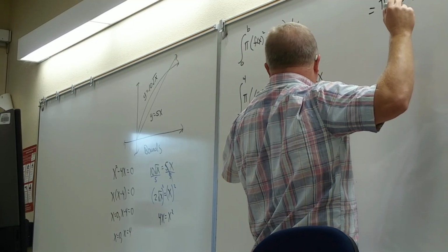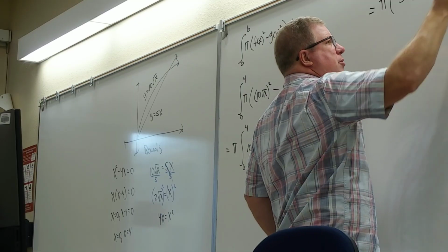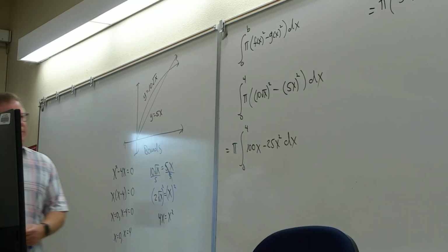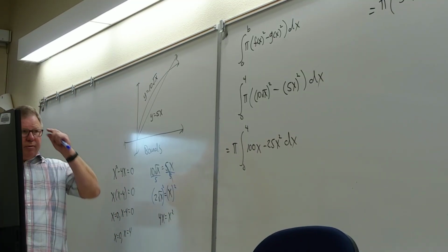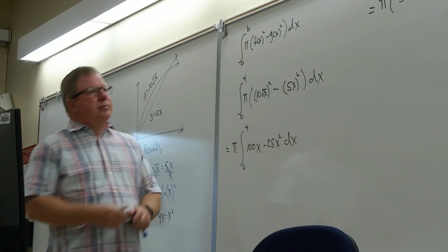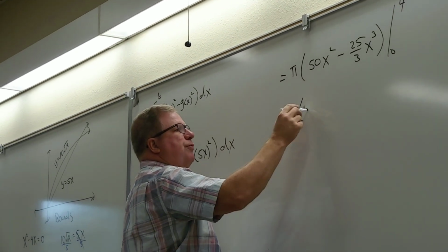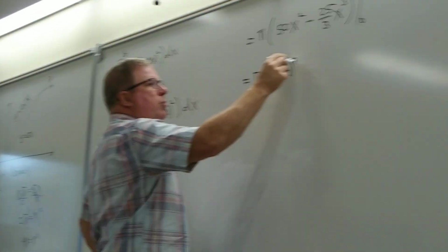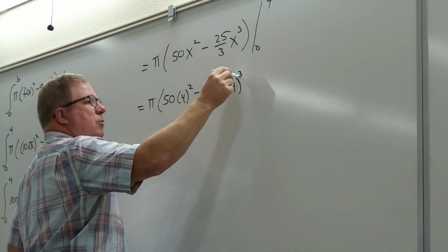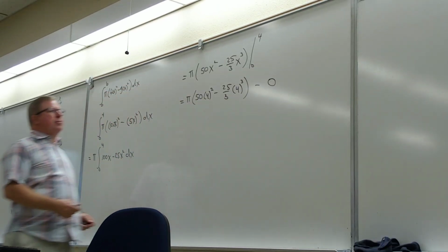And add 1 to get 3, divide, we get minus 25 thirds. Okay, let's plug in the bounds. So 50 times 4 squared minus 25 thirds times 4 cubed. If we put 0 in, it's going to all work out to 0.